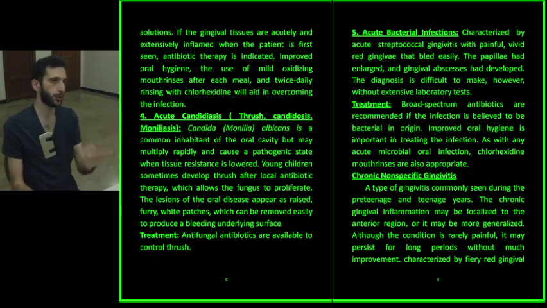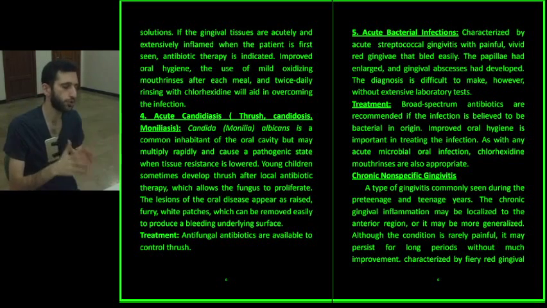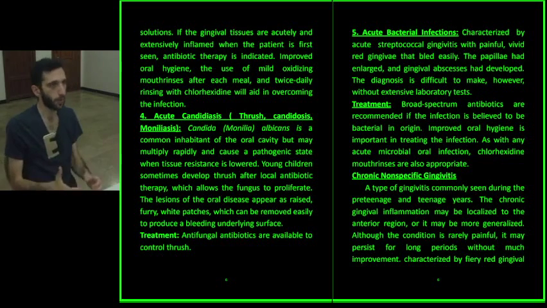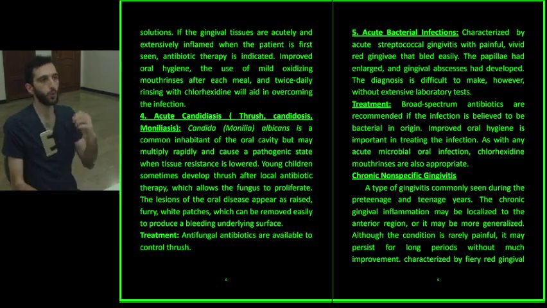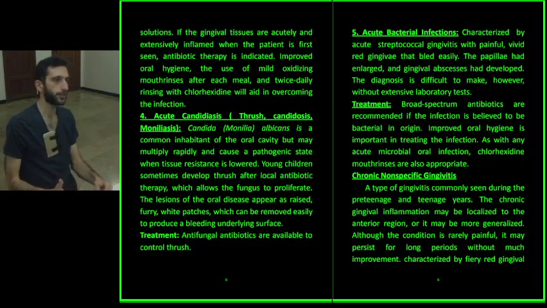Another disease, acute bacterial infection, could also cause acute gingival disease. This one is characterized by acute streptococcal gingivitis, with painful, vivid red gingivae that bleed easily. The papillae are enlarged and a gingival abscess may develop.